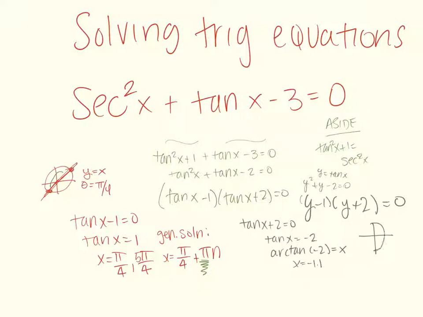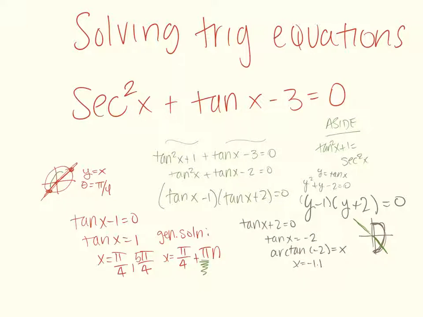Again, we define our arc tangent function on the interval negative pi over 2 to pi over 2. We can see that it will be somewhere down in here, which means our other one will be somewhere up in here. Let's make these positive. That's the best way to do this.